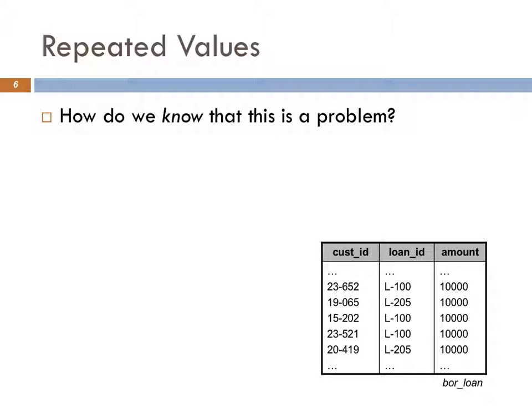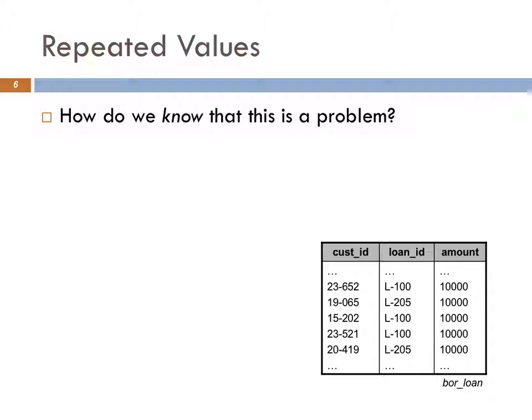There's a lot of ways you could consider answering that question. And the one that I want to steer you away from is, we know that this is a problem because there's repeated values. There's repeated 10,000s, right? Because if you look at the example that I have now, you see that there's a couple loans with 10,000s.